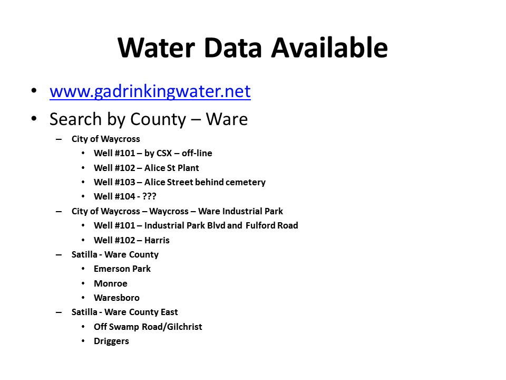The four systems that you're going to look at are the City of Waycross, the City of Waycross Ware Industrial Park, Satilla, Ware County, which is the Ware County wells, and then there's another Satilla, which will say Ware County East. So the Ware County East has the Gilchrist Park well on it.